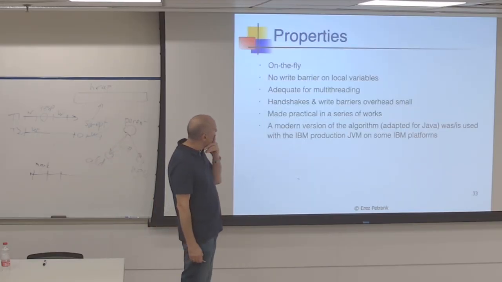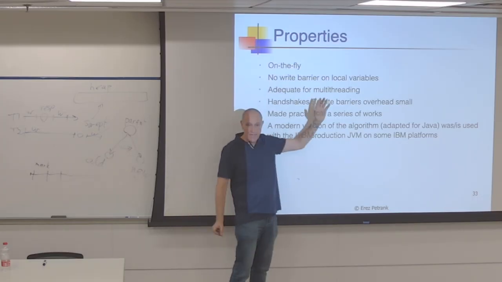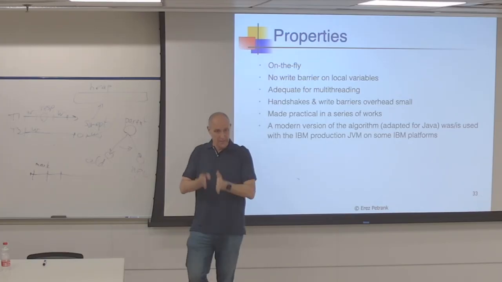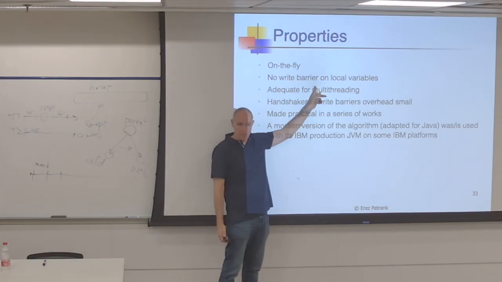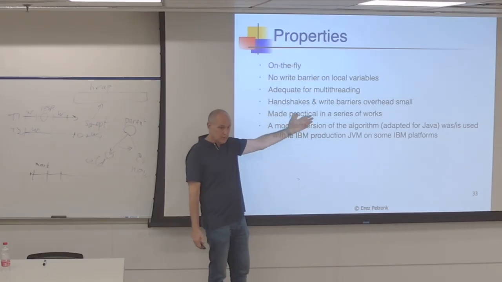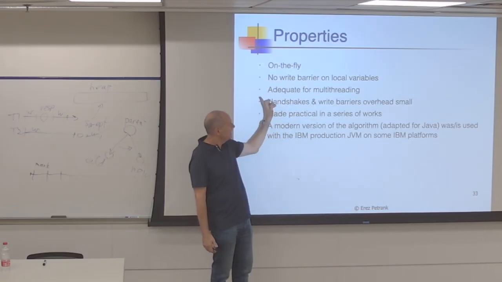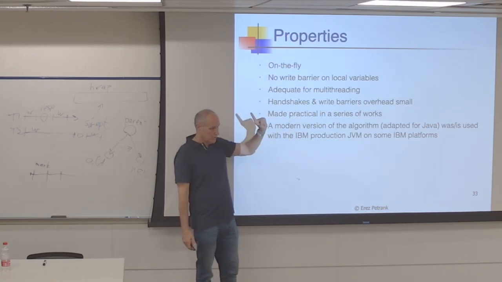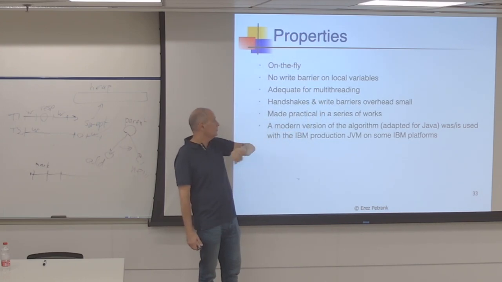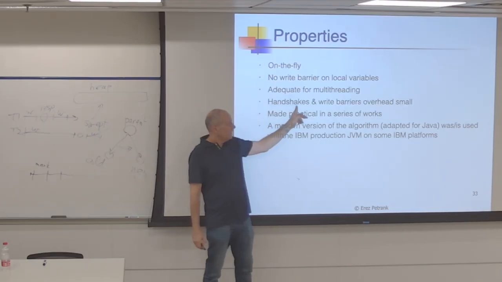But the properties of this collector are that it's on the fly. You don't have to stop all the threads at the same time. There is no write barrier on local variables, which is important for efficiency. It's good with multi-threading, unlike Dijkstra that could only use one program thread. This can work with many threads.